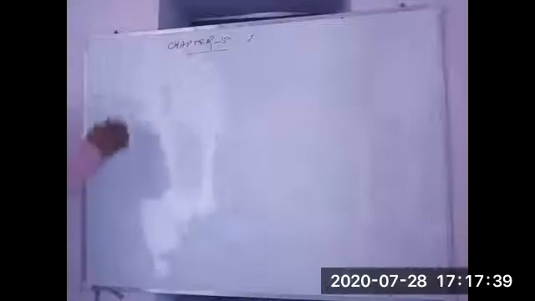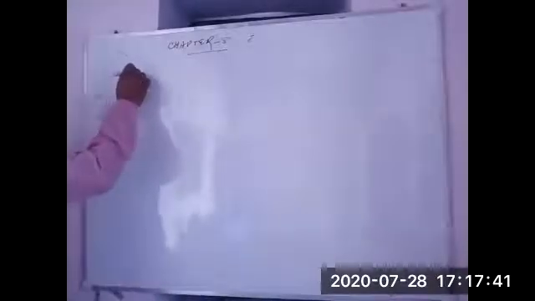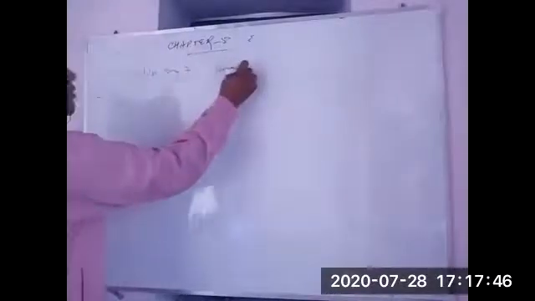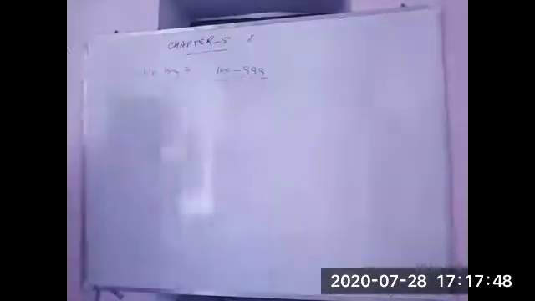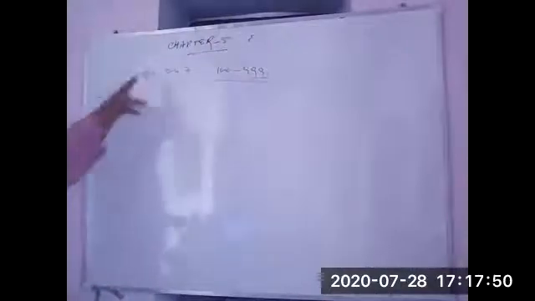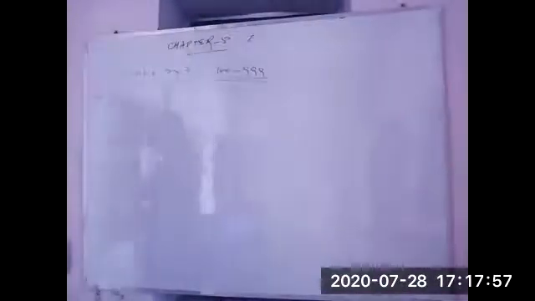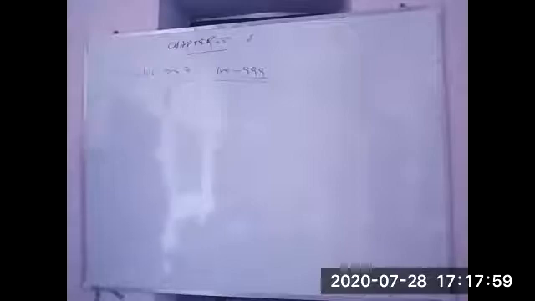Now question number 13. How many 3-digit numbers are divisible by 7? We need to calculate how many 3-digit numbers are divisible by 7. It is very clear to all that 3-digit numbers are only from 100 to 999.